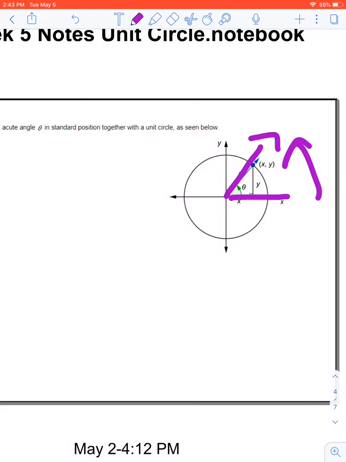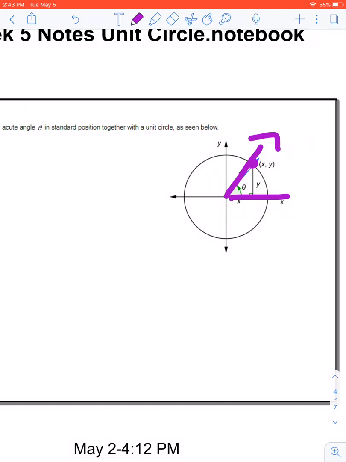I know it's positive because my line's going up. And I also know it's acute because this measurement here is 90 degrees, and that is less than 90 degrees, okay? Where that terminal side intercepts the circle is a coordinate right there, okay?